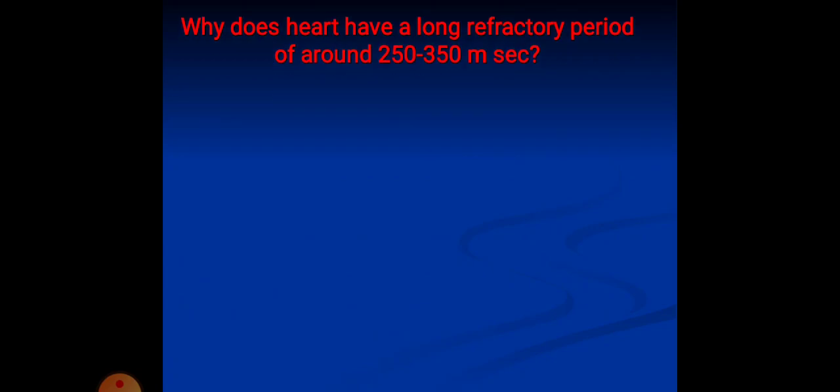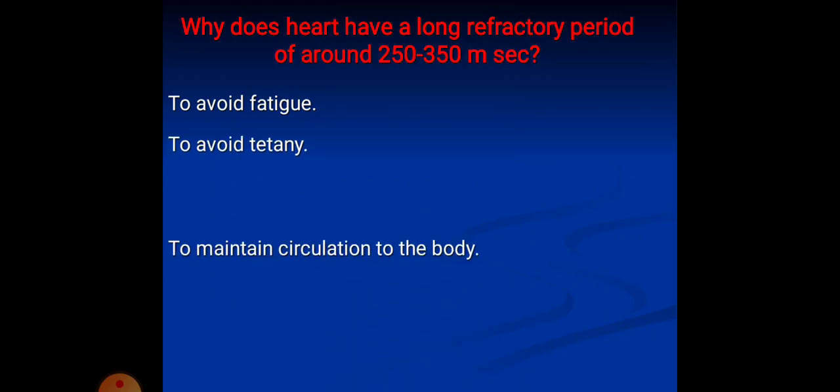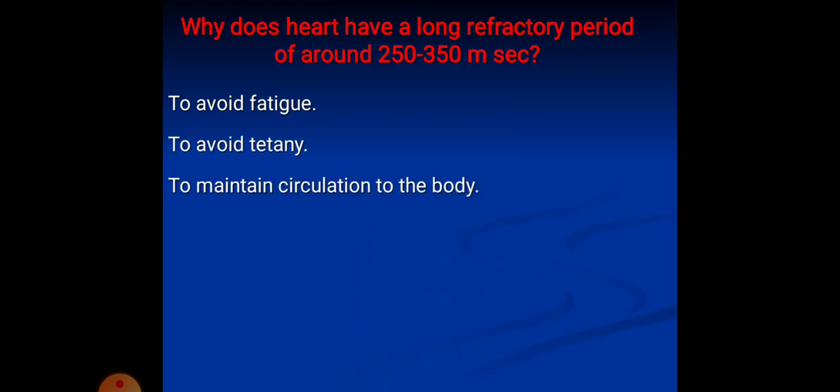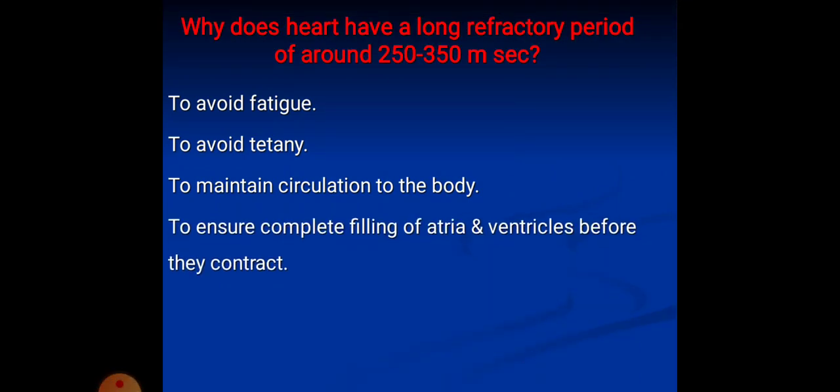So why does the heart have a long refractory period of around 250 to 300 milliseconds in both frogs and humans? To avoid fatigue, to avoid tetany, to maintain circulation to the body, to ensure complete filling of atria and ventricles before they contract. Heart gets enough time to recover.